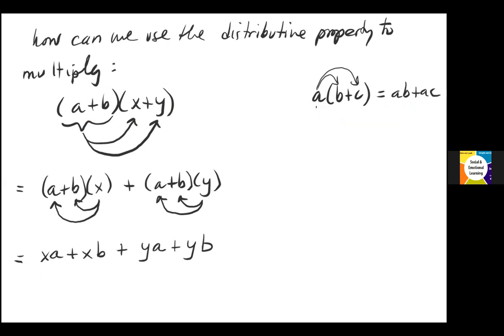You can always take something and multiply it into a bracket. It doesn't matter how many things we have. You could say I have 2x times, you know, 3y plus 7z plus 2a. We can have any number of things in a bracket here.